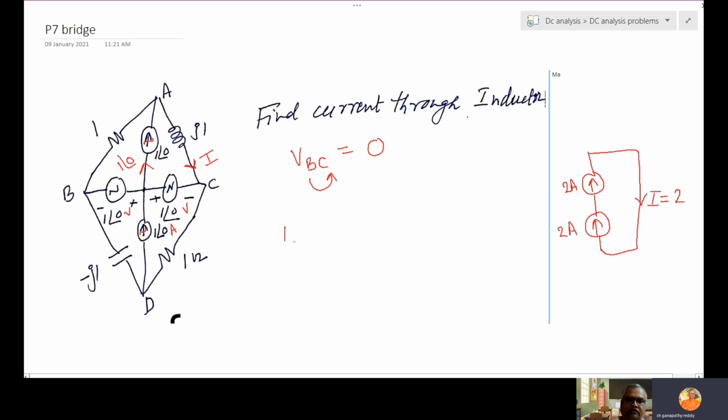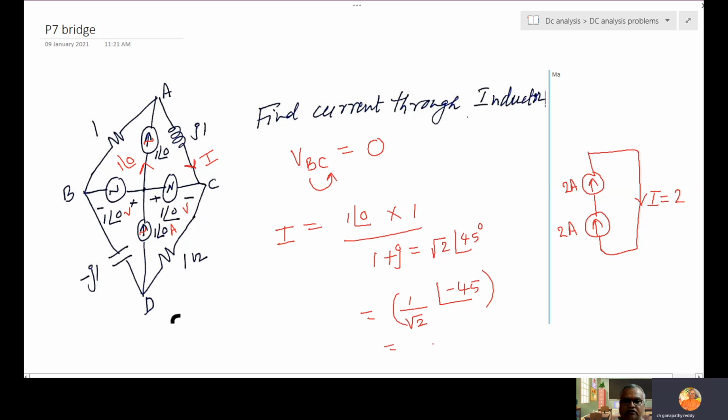So what is the current I using current division? 1 angle 0 into the opposite, 1 by 1 plus j. 1 plus j is nothing but root 2 angle 45 degrees. So this is equal to 1 by root 2 angle minus 45, which is nothing but 1 minus j. This is the answer.